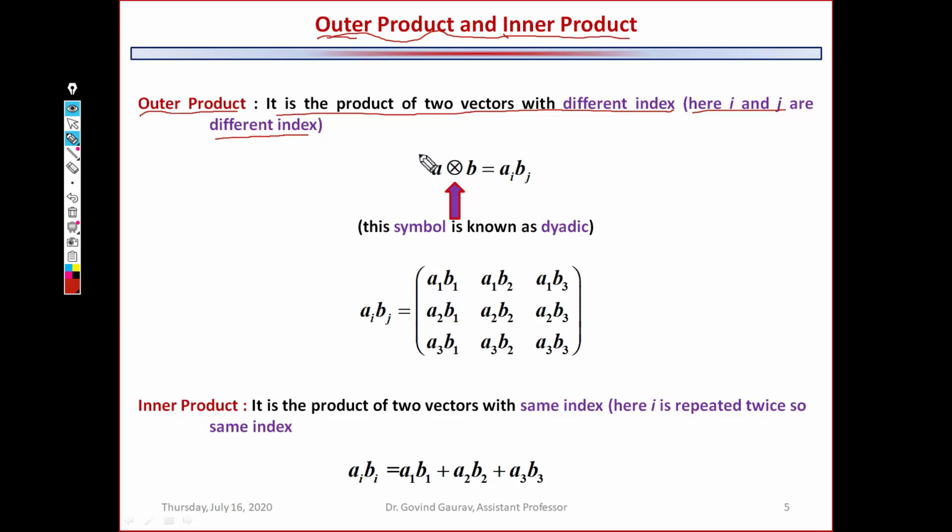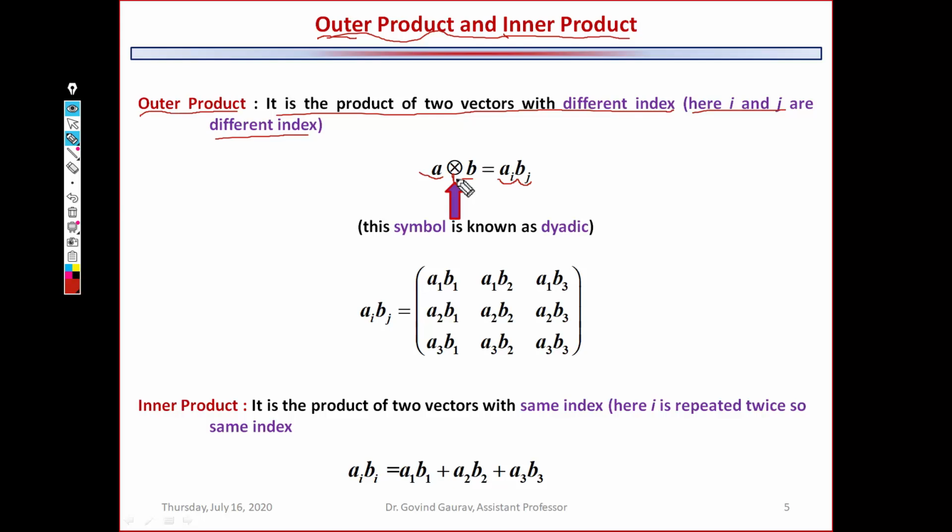So we can represent the two vector quantities by simply writing a, then this symbol, which is known as the dyadic. The cross symbol encircled in a circle is known as the dyadic. A dyadic B. This expression is equivalent to A subscript i, B subscript j.